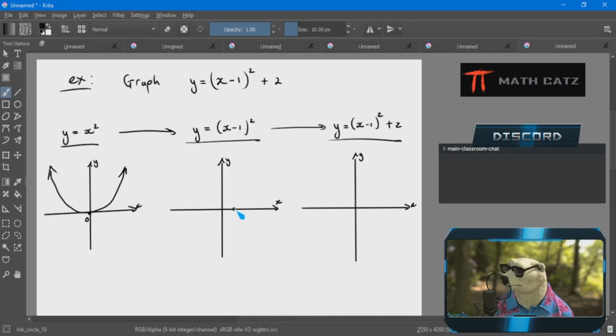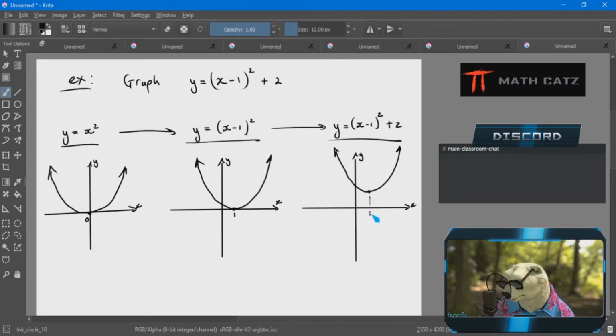That means the original graph shifts to the right by 1 unit. Then another transformation from this current version to the new one keeps the right-hand side the same, adding a 2 to that whole right-hand side. That corresponds to a vertical shift up by 2 units.